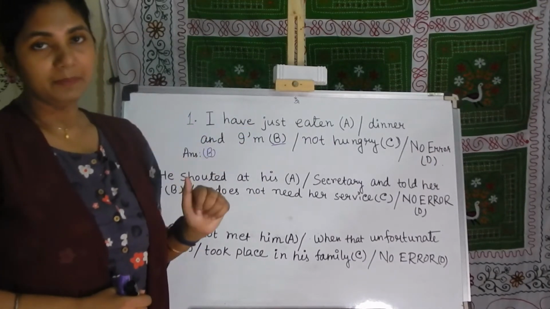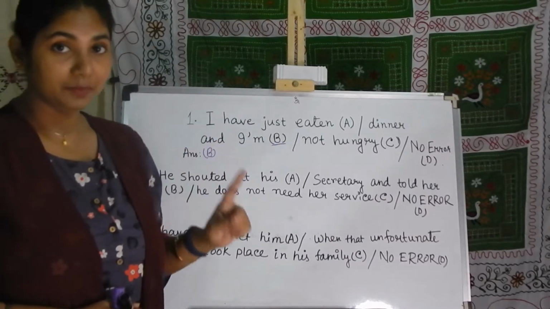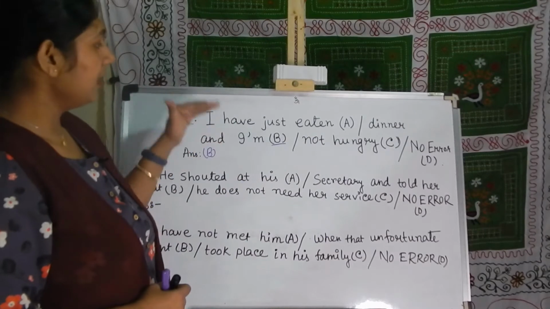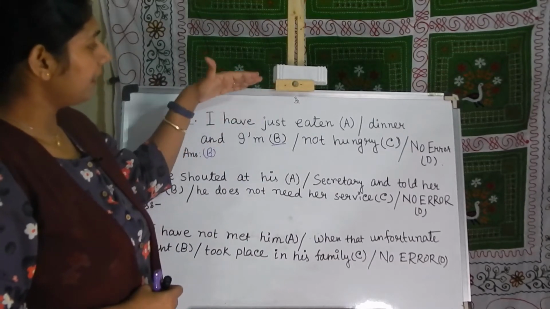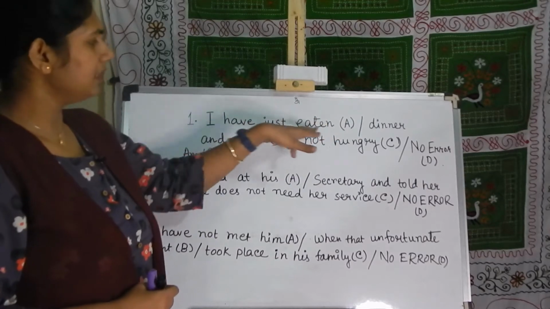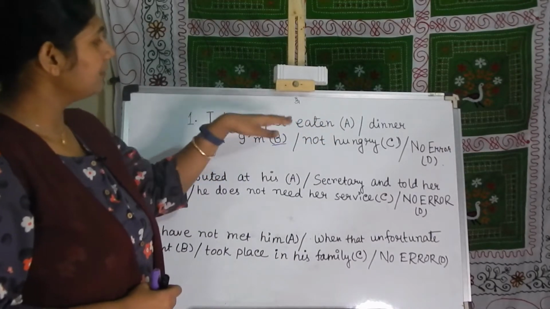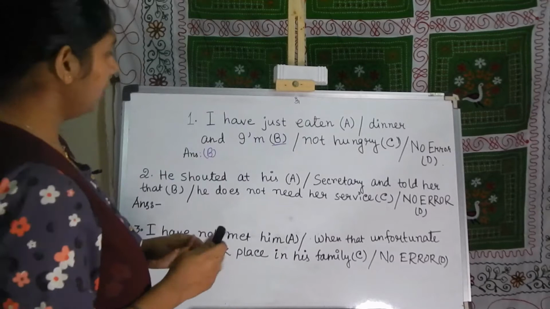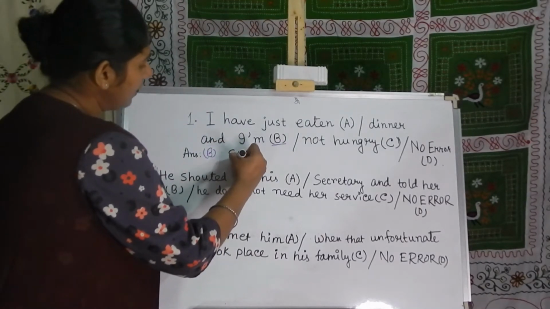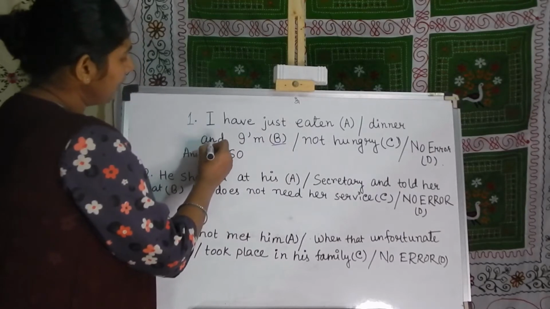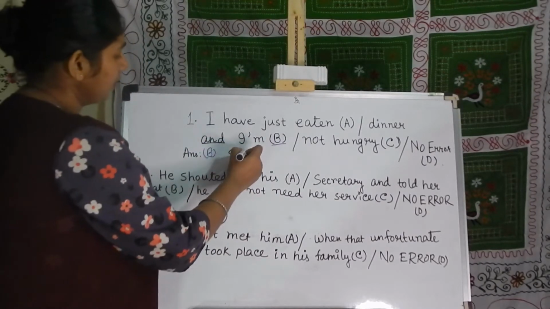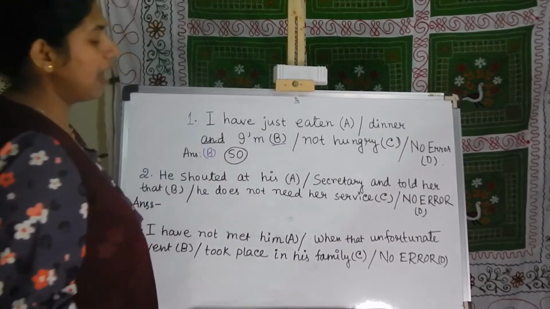Can you remember that according to the adverbial clause of result, you have to put something which will highlight the result of this particular sentence? So: I have just eaten dinner, so I am not hungry. Instead of and, you have to put so. So is the answer.